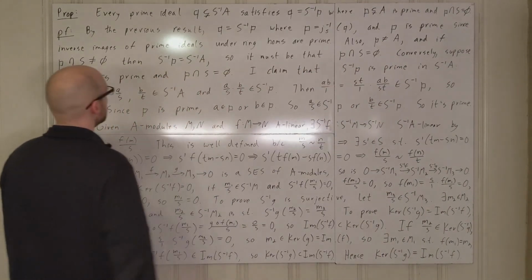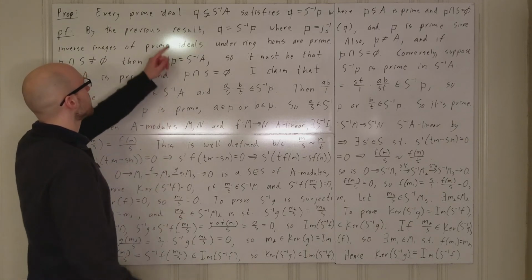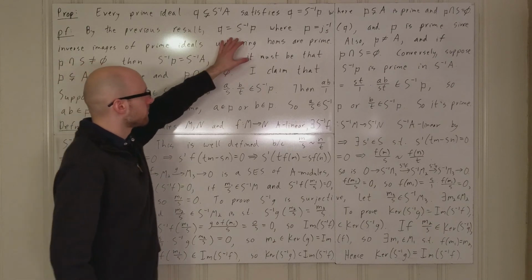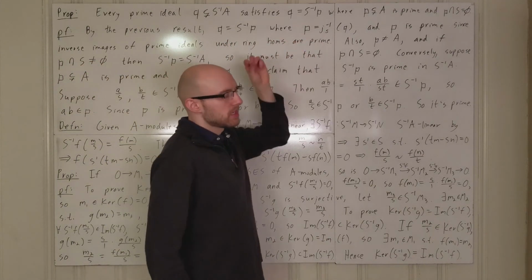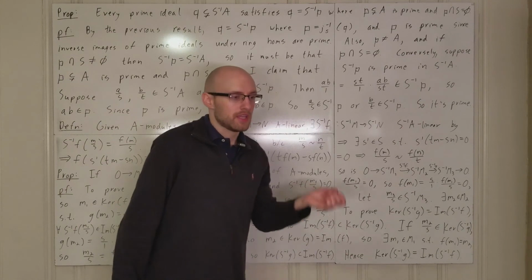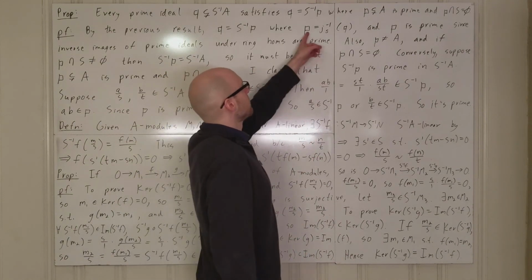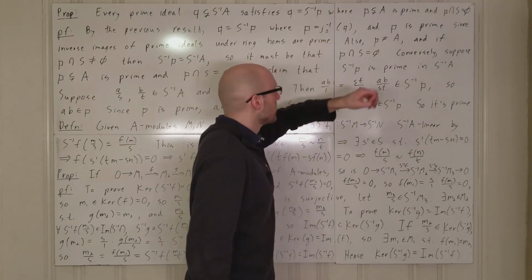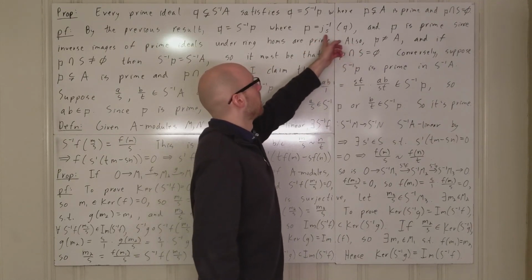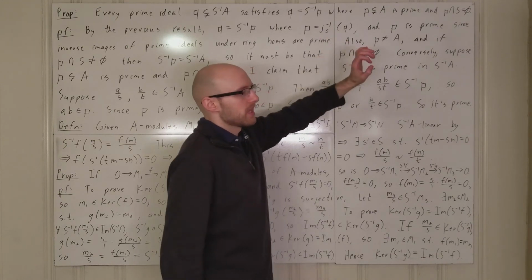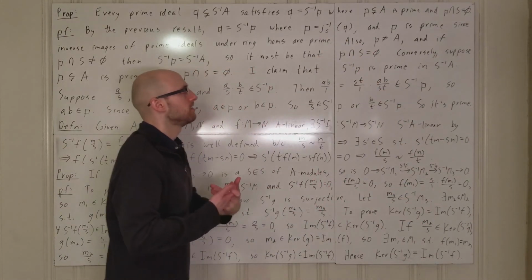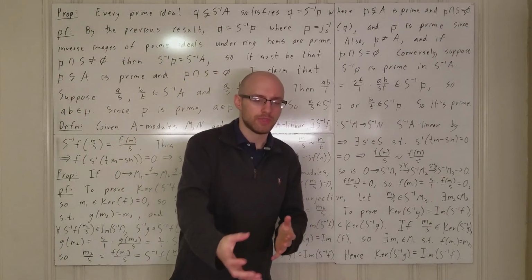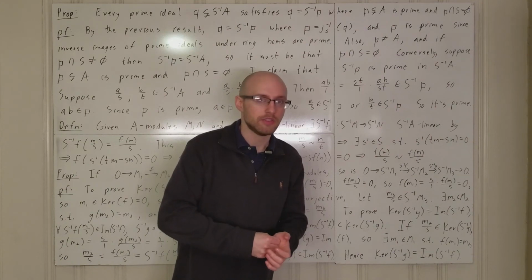So anyways, by the previous result, we know that if you take a proper prime ideal Q of S inverse A, then it's of the form S inverse P, where P is just some ideal in A, and it's given by the pullback of Q. So we have this natural map here that goes from A to S inverse A, and you just pull back your ideal Q. And we talked about already how when you pull back an ideal, you get an ideal.